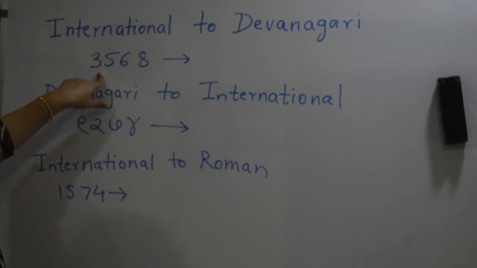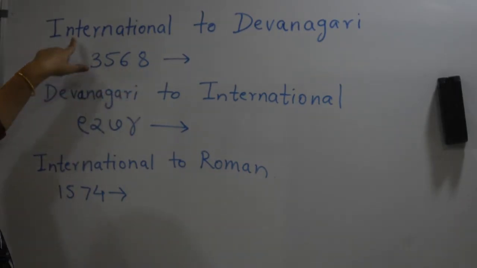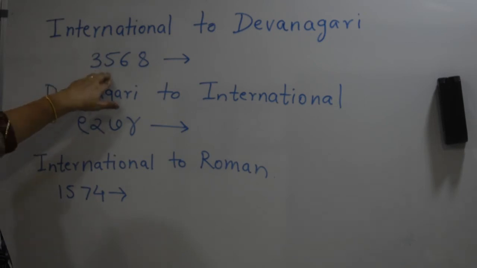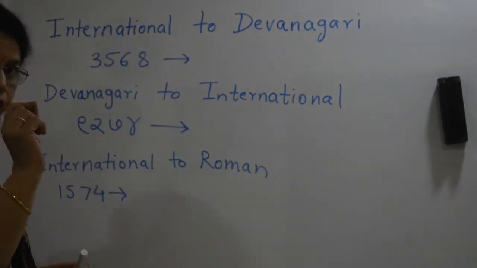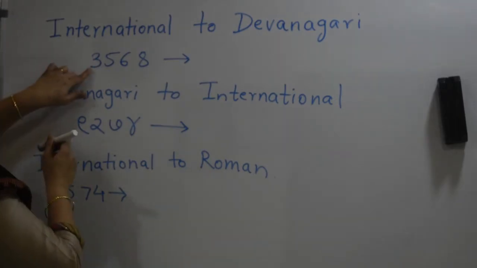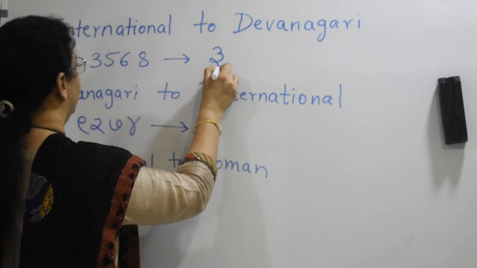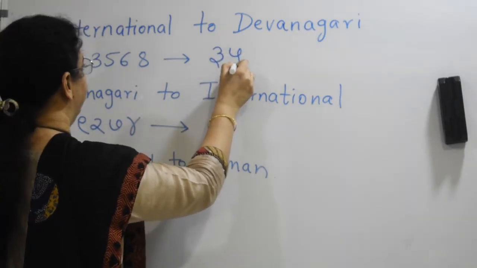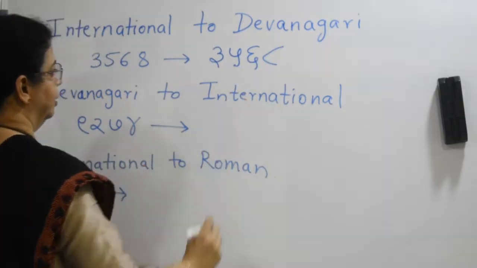International to Devanagari conversion. This is a question. 3, 5, 6, 8. I need to convert from international, these are international numbers, to Devanagari. One digit take into consideration. 3. How will I write 3? 3, 5, 6, 8.